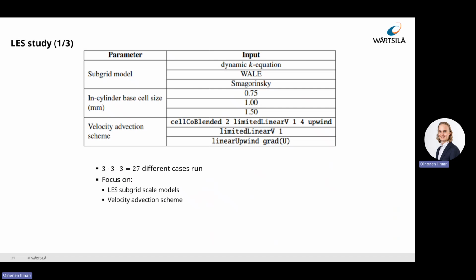The fourth study looked at 3 different subgrid scale models for large eddy simulation, or LES. Also 3 mesh resolutions and 3 velocity advection schemes that were the same as in the previous studies, totaling 27 cases.